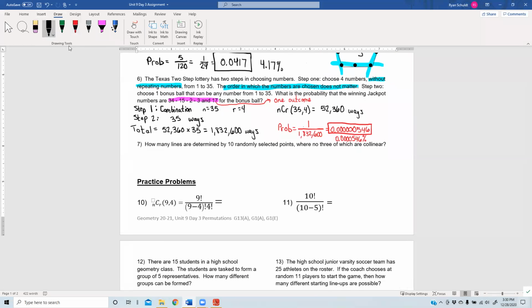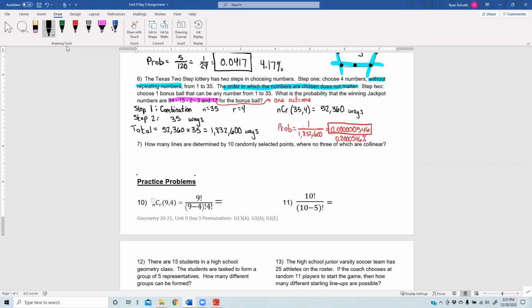Okay, number 7. How many lines are determined by 10 randomly selected points where no 3 of which are collinear? Okay, so if I'm making a line here, let's say I want to make a line from here to here.